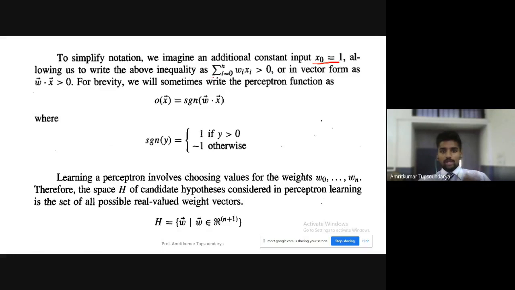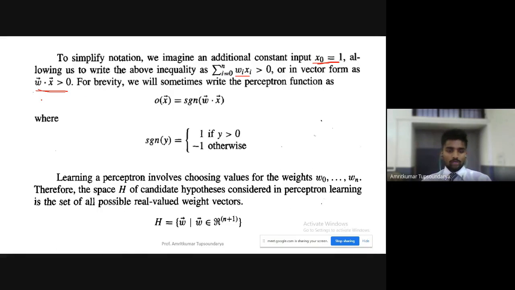Now the summation, as shown here, from i equal to 1 to n, of the products of the weights and values is greater than 0, or in vector form it is represented like this. This is exactly the same representation, but in vector form.